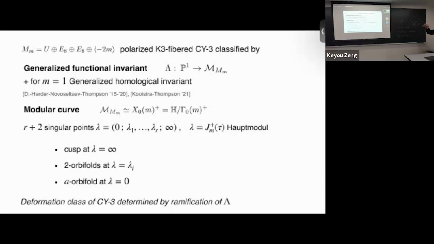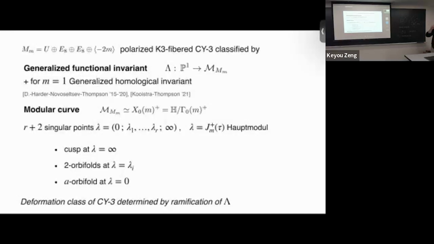It's the matrices congruent to 0 mod m in the lower left entry. The plus means you have to include the Fricke involution, which is tau goes to -1 over m tau. And if you write that in terms of 2x2 matrices, you get square roots of m. So you're in PSL2R, not PSL2Z. Okay, so you've moved beyond the elliptic case, but you're still dealing with modular curves in the sense of K3.